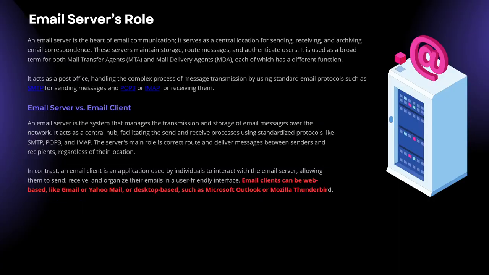Okay, so if we talk about the email server's role, what is an email server? An email server is like a giant, always-on computer dedicated to handling email. It is the heart of email communication, and serves as the central location for sending, receiving, and archiving or saving email correspondence. These servers maintain storage, route messages, and authenticate users, which are the main functions of an email server.